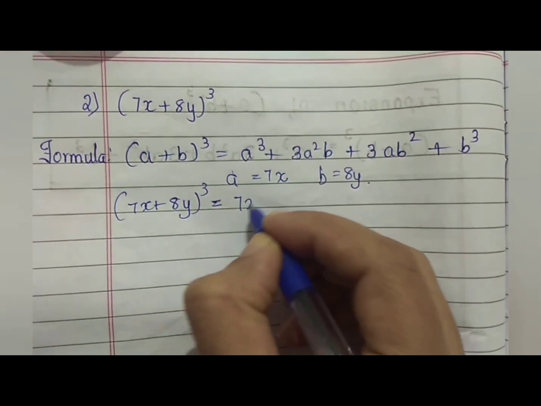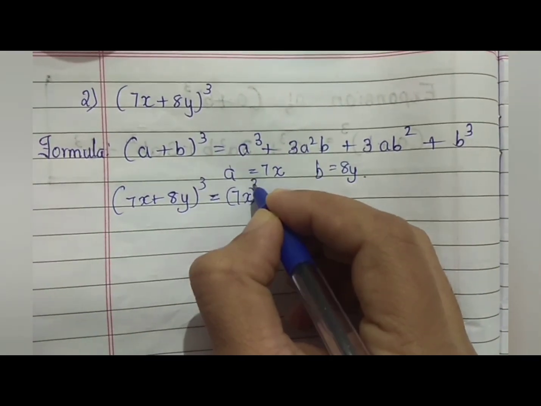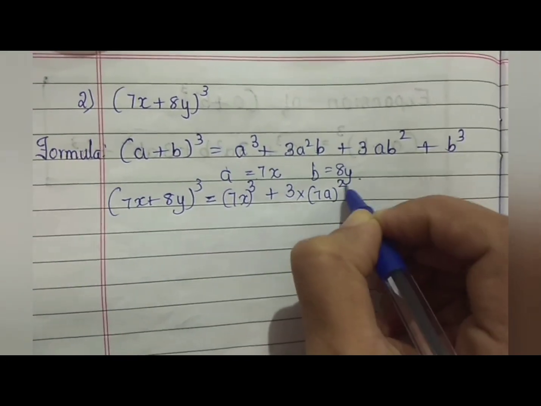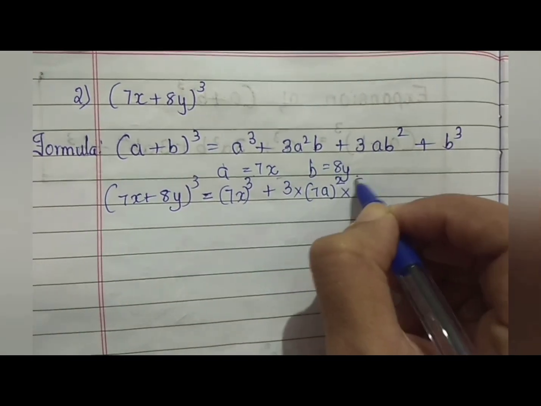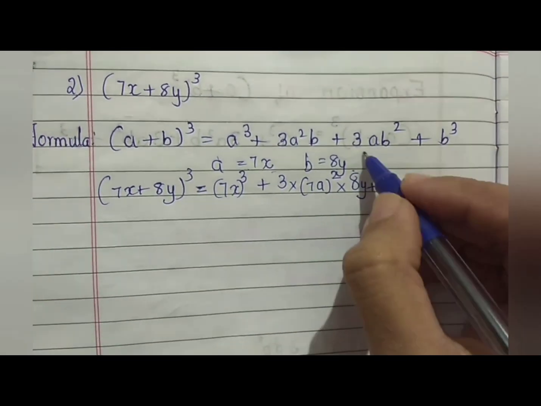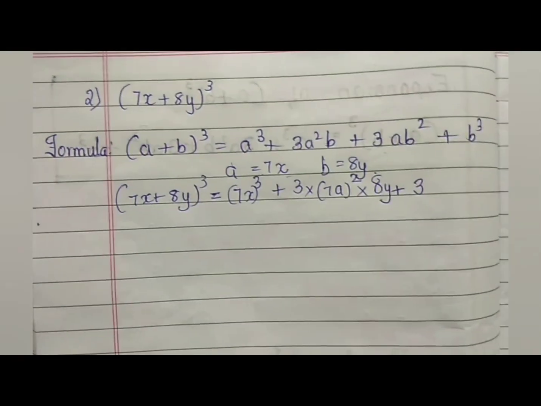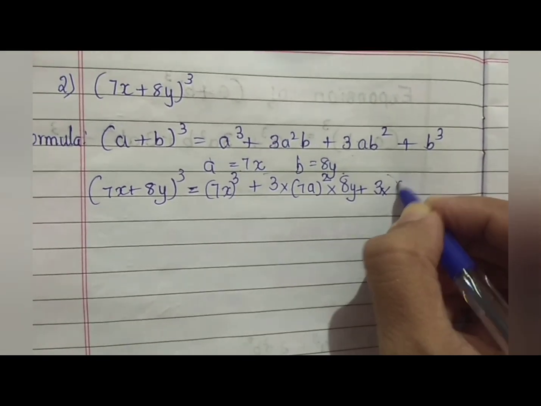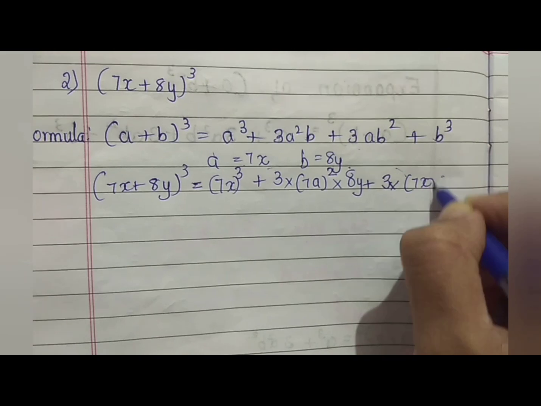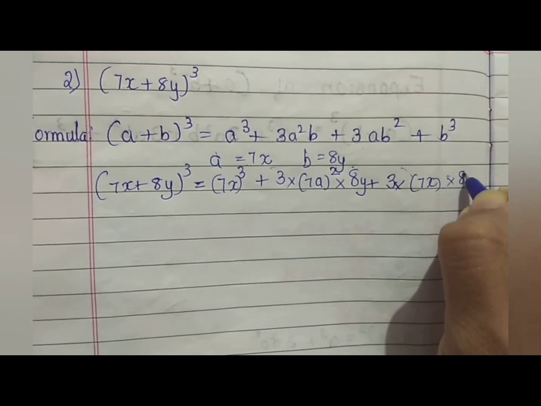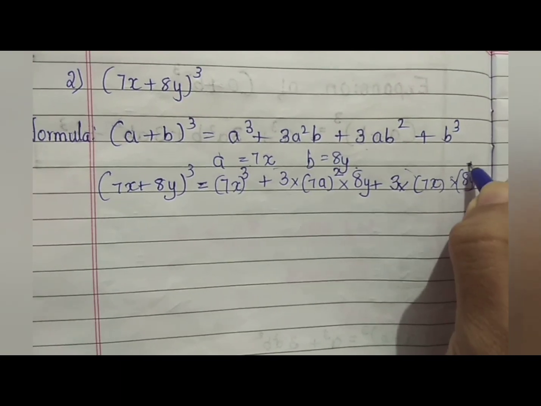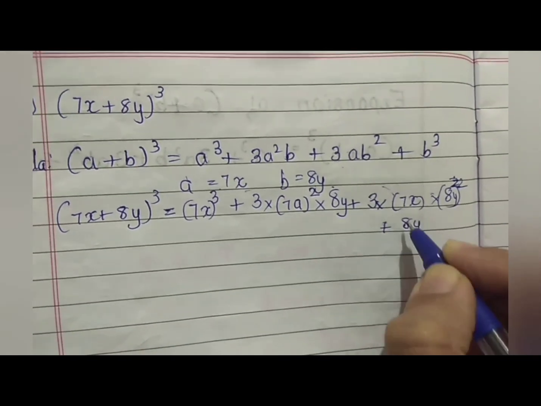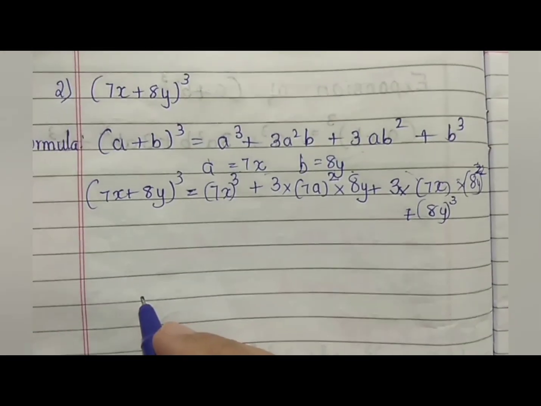So a cube, that is equal to (7x)³, plus 3a², that is 7x squared, into b, that is 8y, plus 3 into a, that is 7x, into b², that is (8y)², plus b cube, (8y) the whole raised to 3.